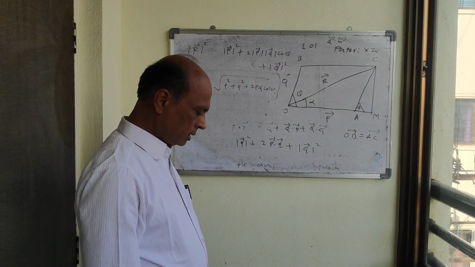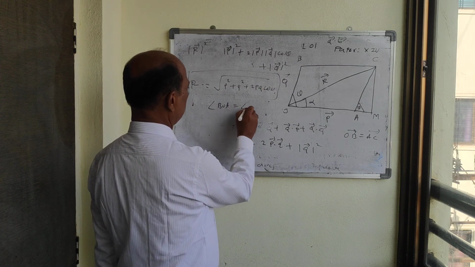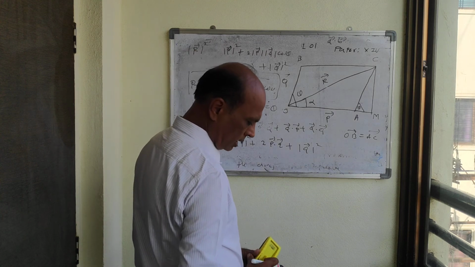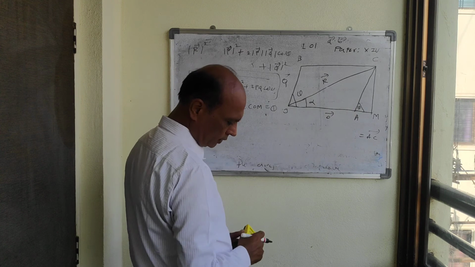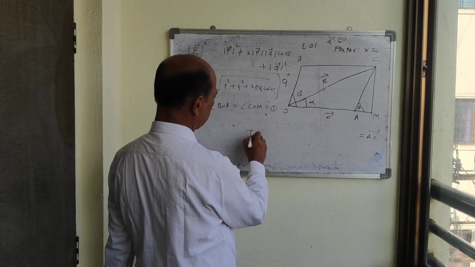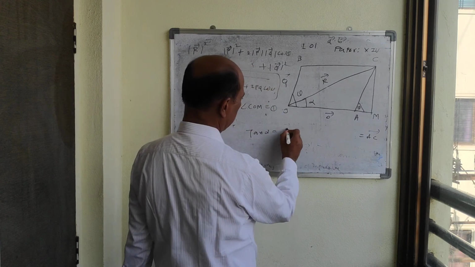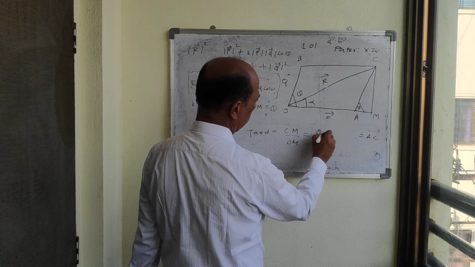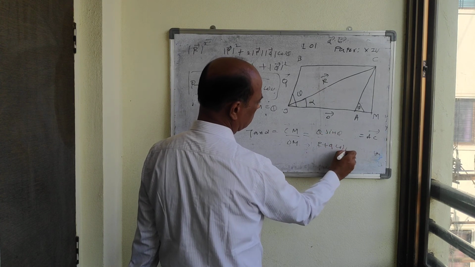Angle BOA is equal to angle COM, that is theta, and from the figure you can write tan alpha is equal to CM upon OM, that is Q sin theta upon P plus Q cos theta.